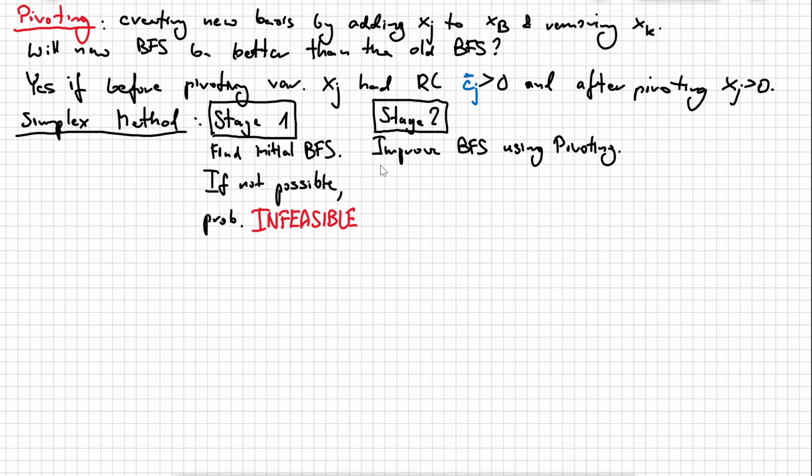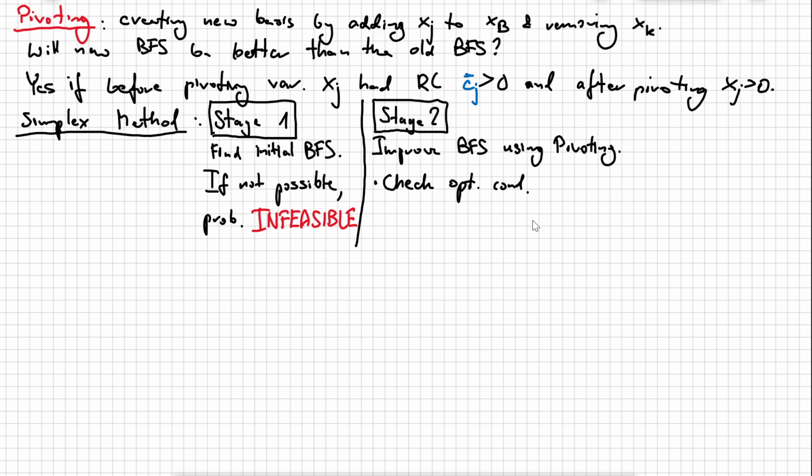And in stage 2, what do we do? How do we do this improvement? First, we check the optimality condition.